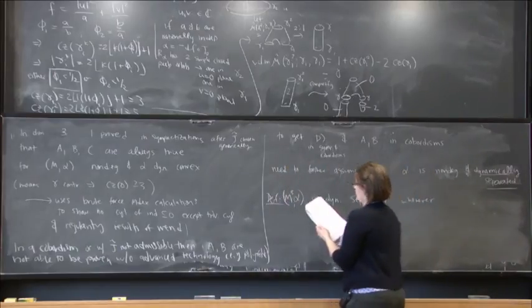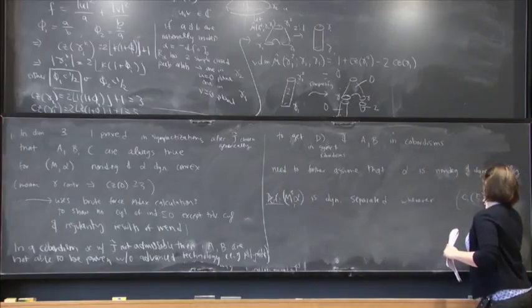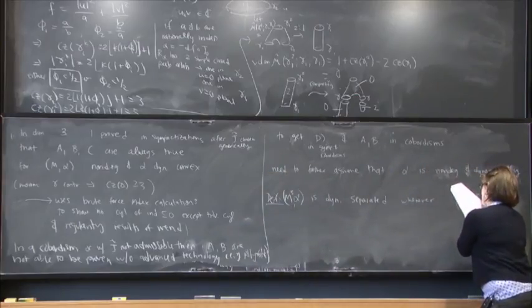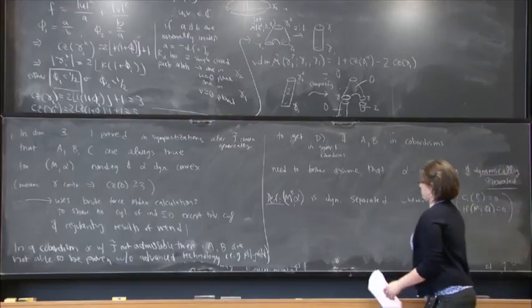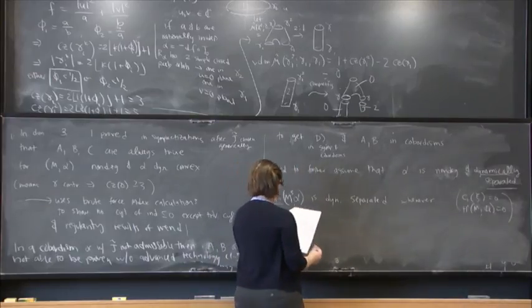So you also need c1 to be equal to 0 and H^1 of M with Q coefficients to be 0, so that it makes sense to write down the Conley-Zehnder indices in this global way.